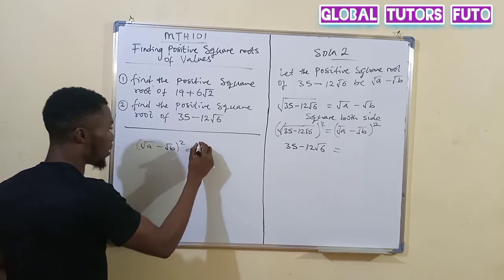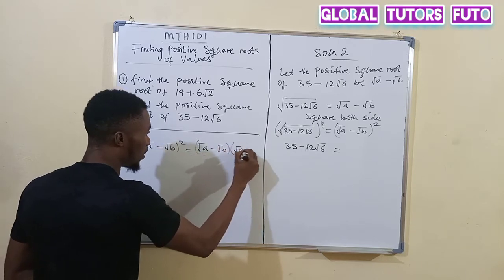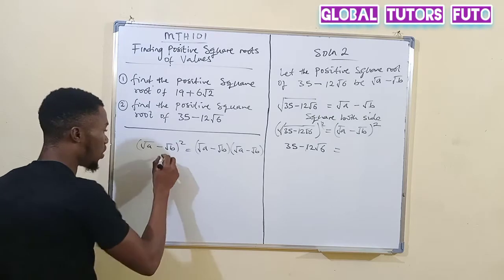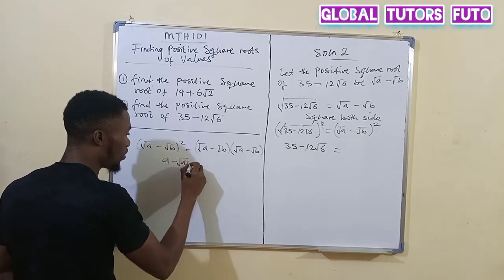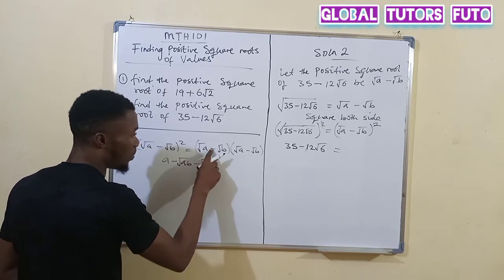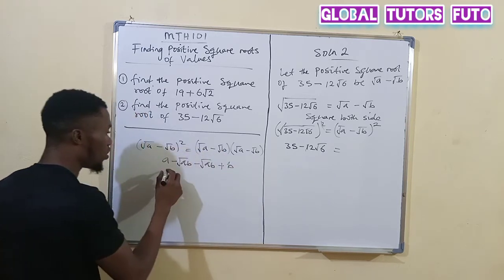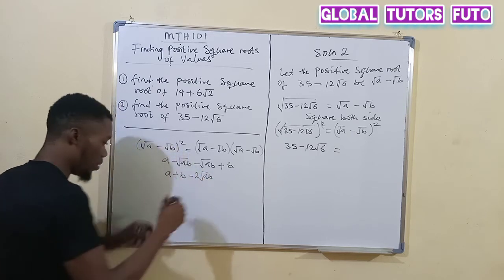Okay? So let's expand. Root A times root A will give us root A squared, which is A. Root A times minus root B will give us minus root AB. Minus root B times minus root B will give us plus root B squared, which is B. So what we have is A plus B minus 2 root AB.